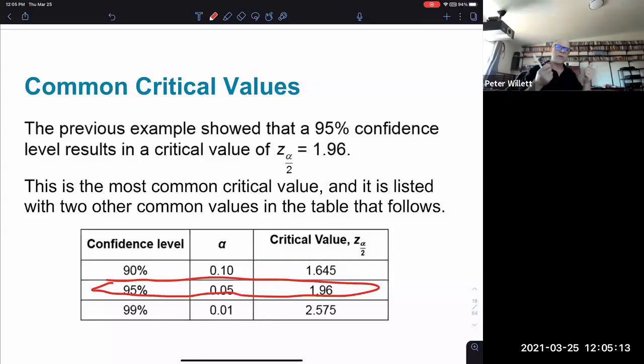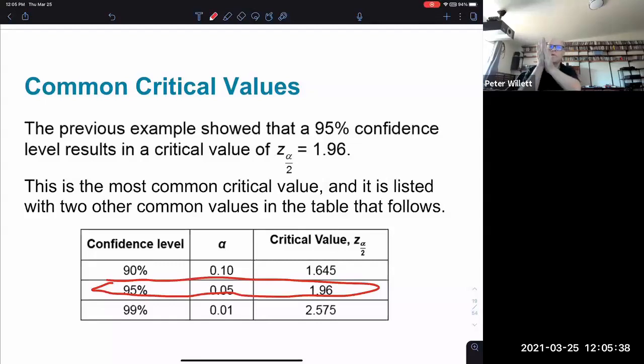The critical values for confidence intervals will always come in plus or minus pairs because they're always equidistant around the middle. If you just want to be 90% confident, you can use a lower critical value of 1.645. And if you want to be 99% confident, you have to go up to a critical value of 2.575.